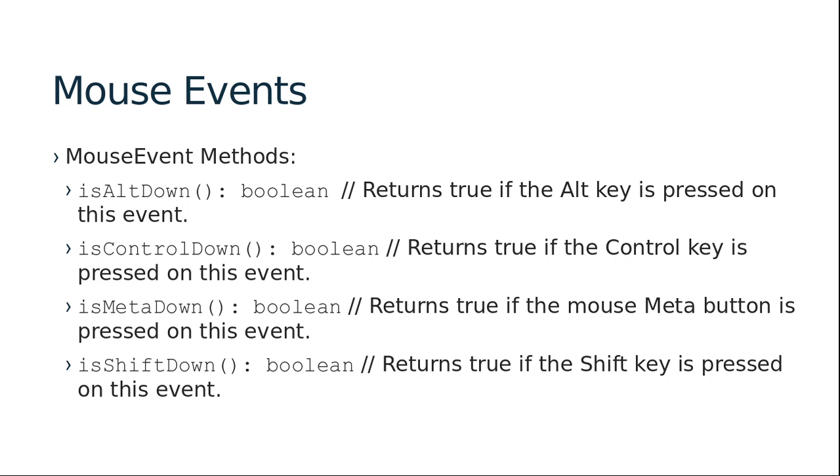You may have the Alt button on the right side of your space bar, then you may have a Meta button, and after the Meta button you may have the Control button. So that's the Meta button on a keyboard. Now these four methods will simply return a boolean, true or false, whether the Alt, Control, Shift or Meta button is pressed at the time of clicking your mouse button.